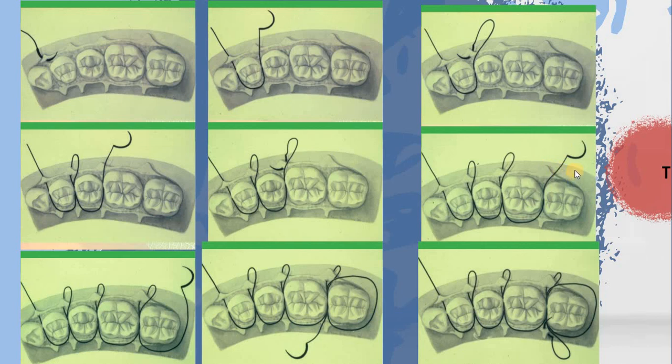And when you reach the end, then you start to wrap it around the buccal side without cutting it, then insert it as you see here, on the lingual side. Then when you come backward to the first position, you just wrap it oppositely to the first.